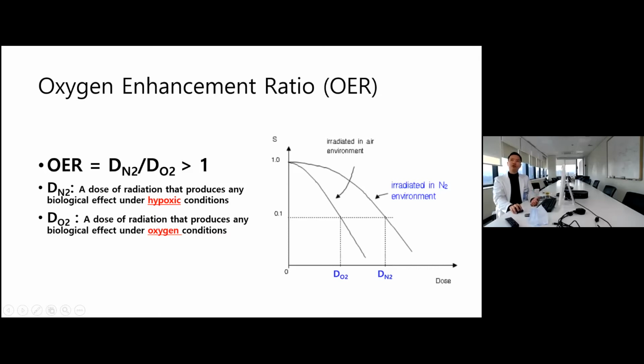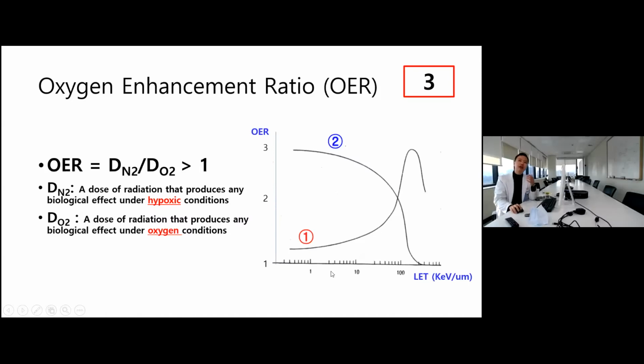So as you can see, in the presence of oxygen, cells are more sensitive to the radiation. So the oxygen enhancement ratio is always higher than 1 in all kinds of ionizing radiations. But actually, it differs by the type of the ionizing radiation.